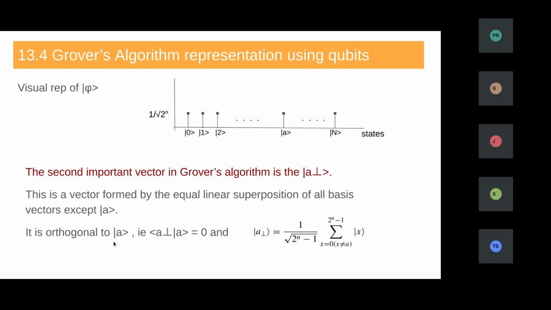So we are defining that all the other basis states are 1 over root of 2 to the n minus 1, sigma x, x not equal to A, to 2 to the n minus 1, of this ket x. So this is just a definition, and this is normalization. Because you have to normalize, right? If you have got 2 raised to n minus 1, you have to normalize.